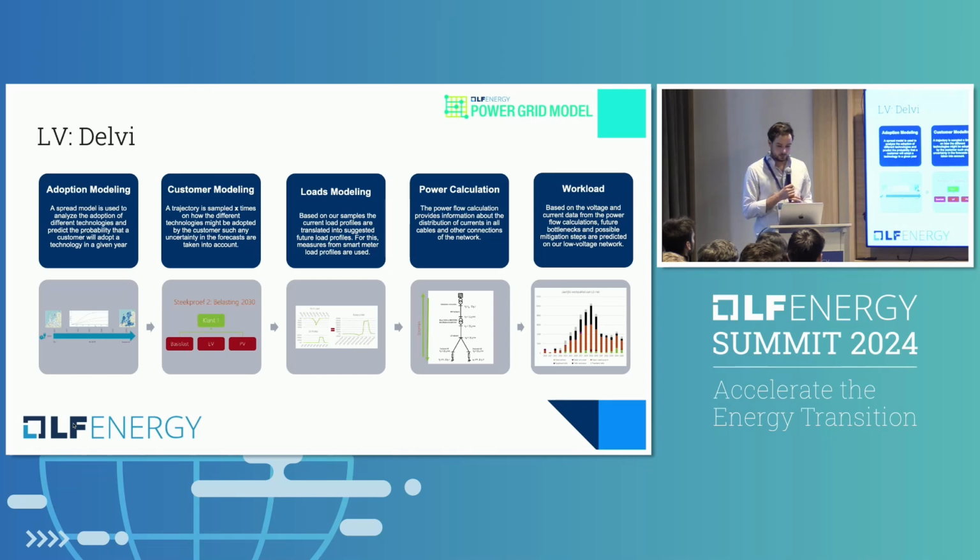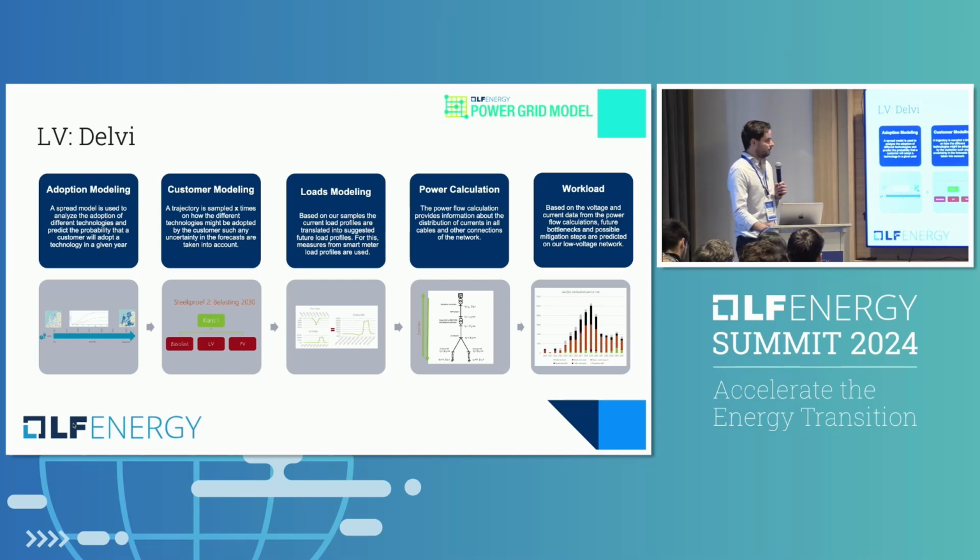Load modeling, so to translate the current load profiles into suggested future profiles. Then power calculation, so perform a power flow calculation with power grid model to determine the distribution of the currents in the grid. And this all results in the expected bottlenecks and possible mitigation steps.